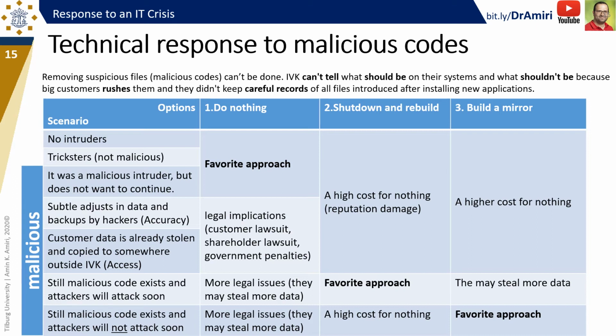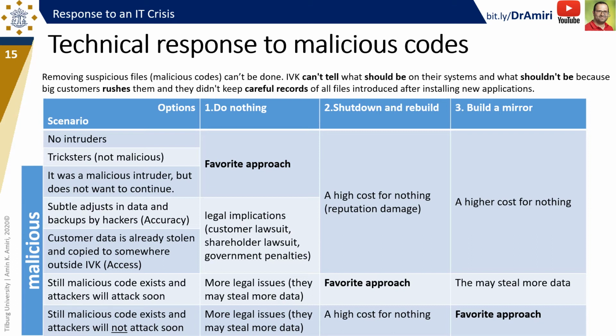So what can the IT department do? There were several scenarios, and there are three options. The IT department can do nothing. They can shut down the entire system, go back to the installation files, and try to install and rebuild everything. The third option was to build a mirror web service, a mirror application.